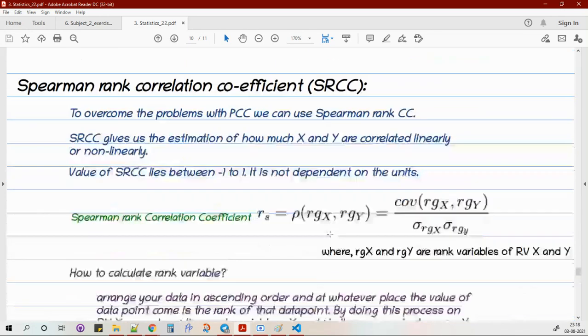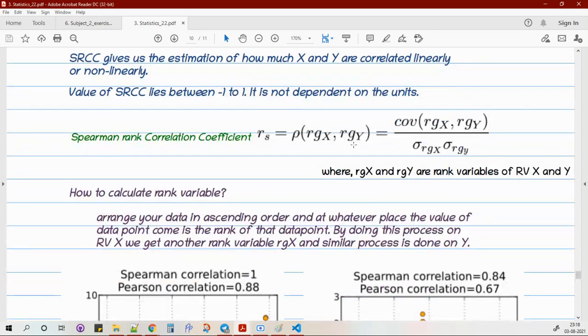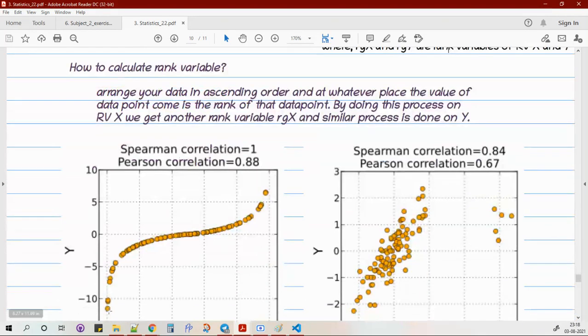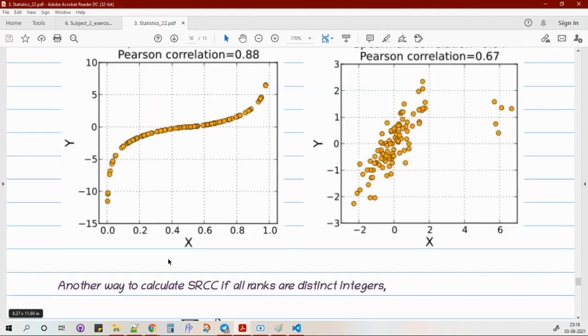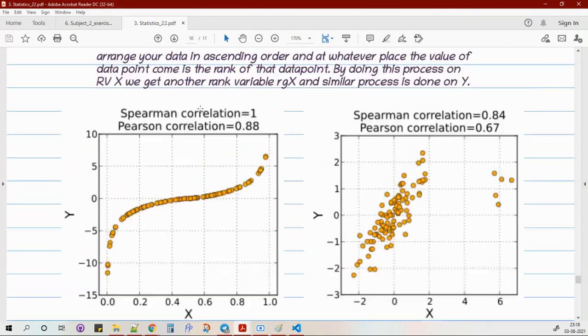It's a very simple idea, but it solved this quadratic problem. If the data is quadratic, the Pearson correlation coefficient can be low, but there is a high correlation between x and y, so it is captured by SRCC, right?